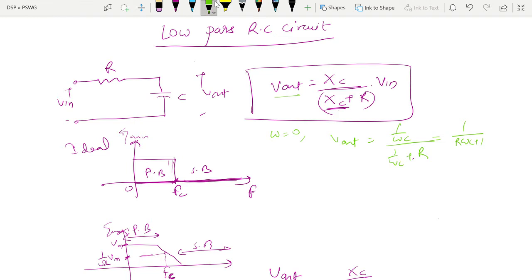If we put omega equals 0, the output voltage will be 1. On the other hand, if we put omega equals infinity, then the output voltage will be 0.